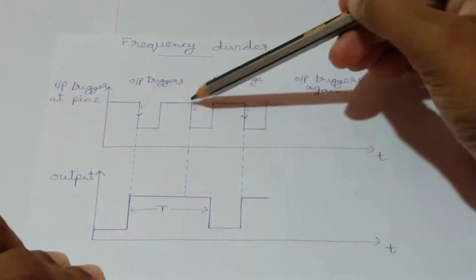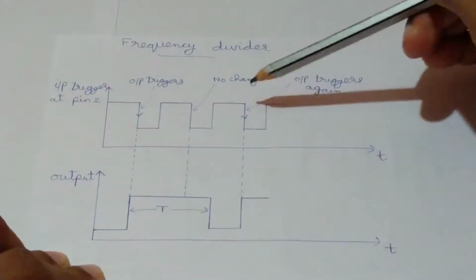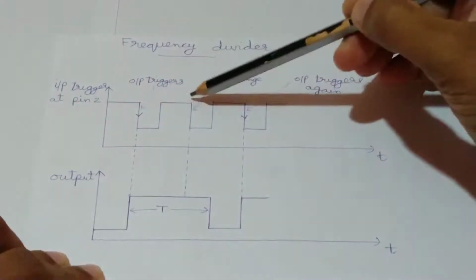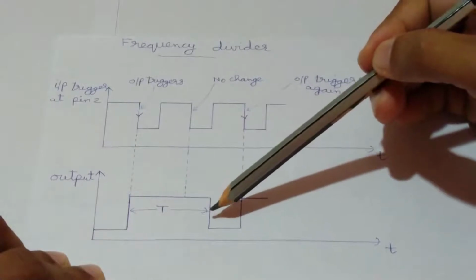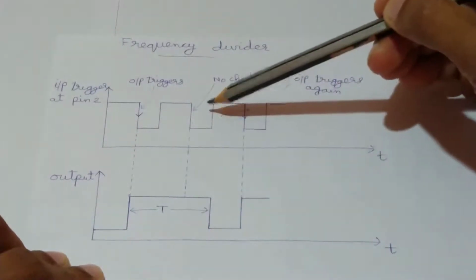Okay, from here to here we have one cycle, and from here to here we have the second cycle. Okay, so within the one cycle of this output waveform, here we have two cycles of input, and hence the frequency of this output waveform is the divided by 2 version of this one.